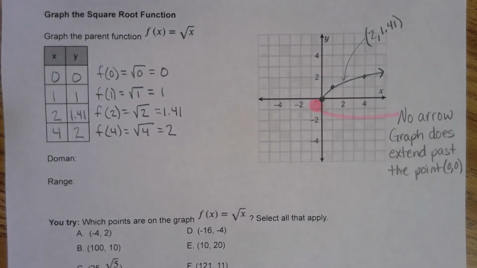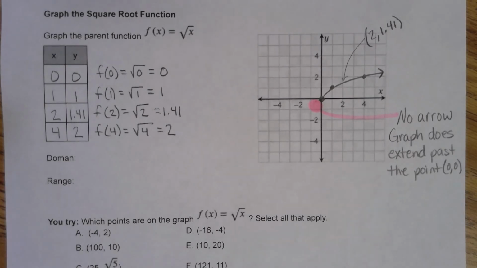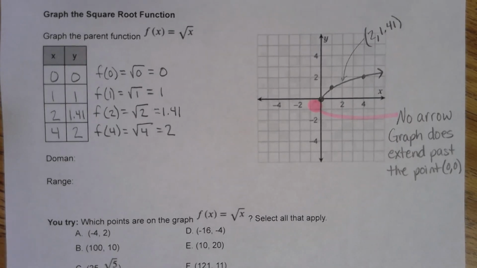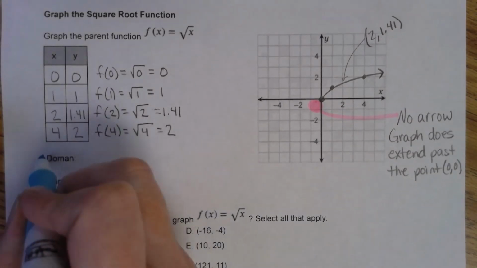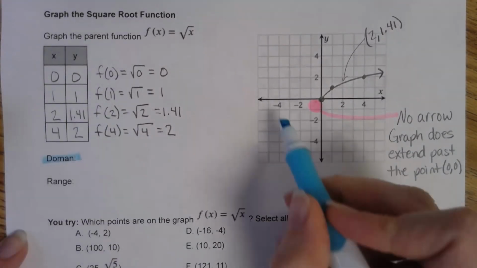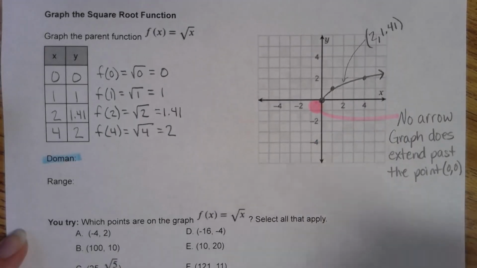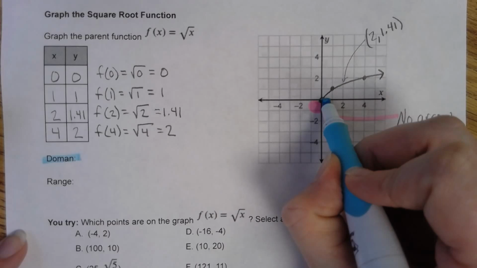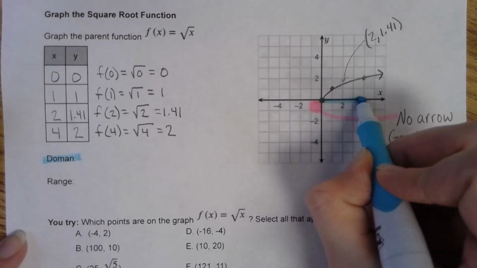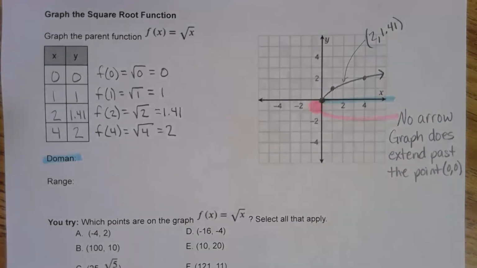So there are points all along that graph. Let's talk about some domain and range. So again, I'm going to highlight here. For domain, we're going to talk about our x values. So along the x-axis, what x values is your graph touching? Well, look, it starts at 0 and goes on out forever to infinity.